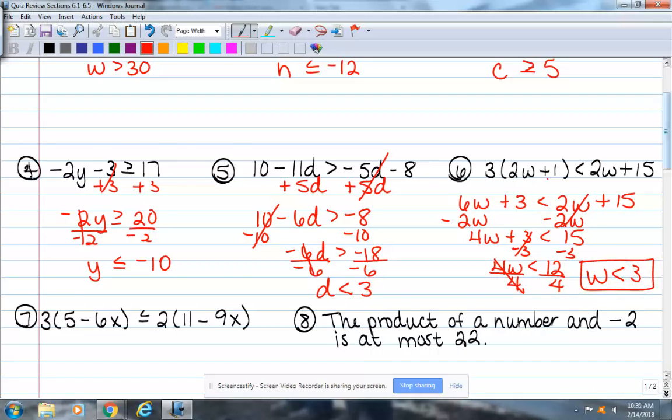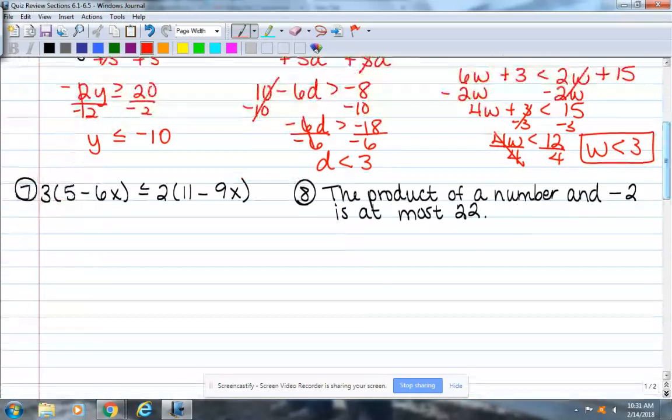Number 7. What are we going to do first on number 7? Distribute. So what's 3 times 5? 3 times negative 6x is less than or equal to, what's 2 times 11? What's 2 times negative 9x? All right, and then we want to get our variables together. So I'm going to add the 18x to both sides.